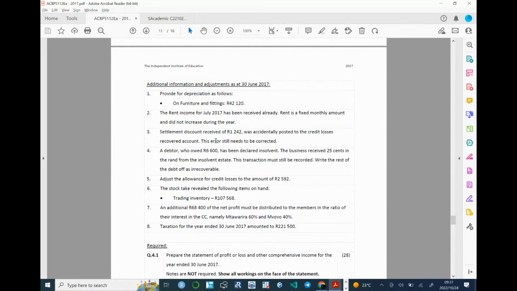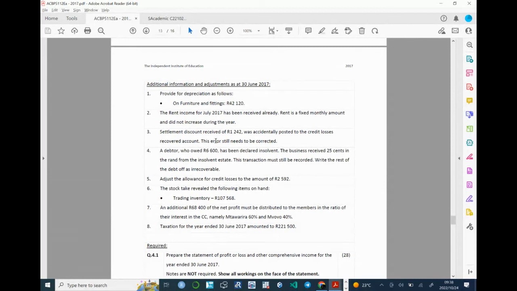Yeah, we would deduct that from the creditors control. Well, they just said that it affected the credit losses account. So credit losses recovered is an income, isn't it? So we would then debit that to reduce the credit losses. But again, remember, here we're in the income statement.